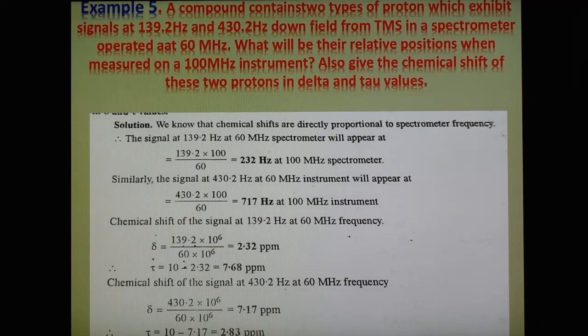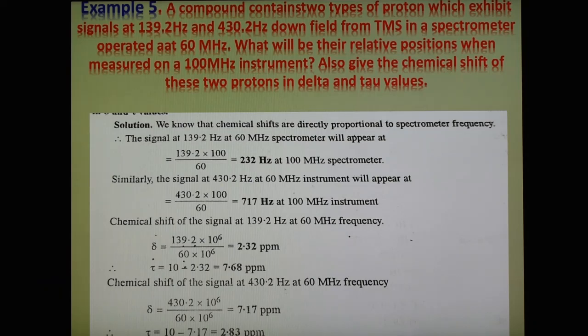Now example number 4 shows that a compound contains 2 types of protons which exhibit signals at 139.2 Hz and 430.2 Hz downfield compared to TMS in a spectrometer operating at 60 MHz. What will be their relative position when measured on the 100 MHz instrument, and also give the chemical shift of these 2 protons in delta and tau scale.